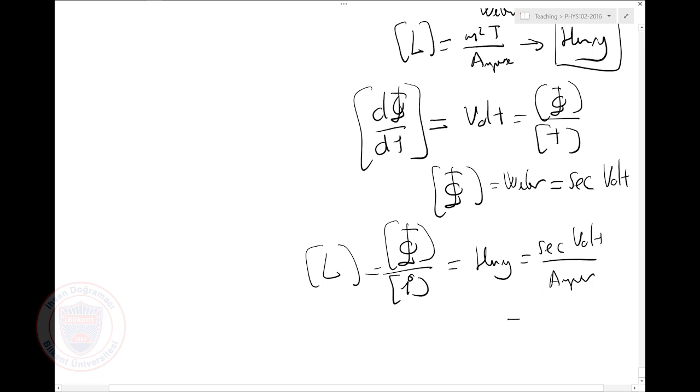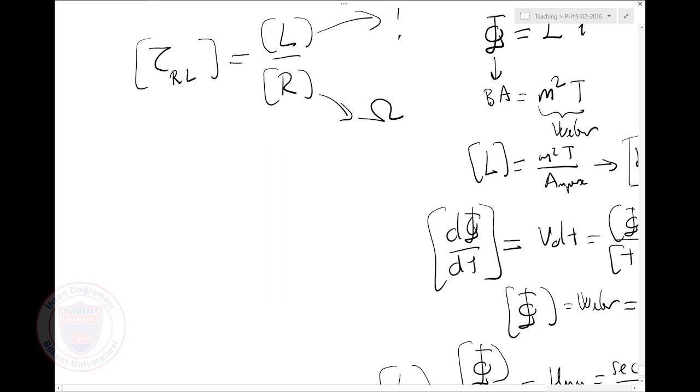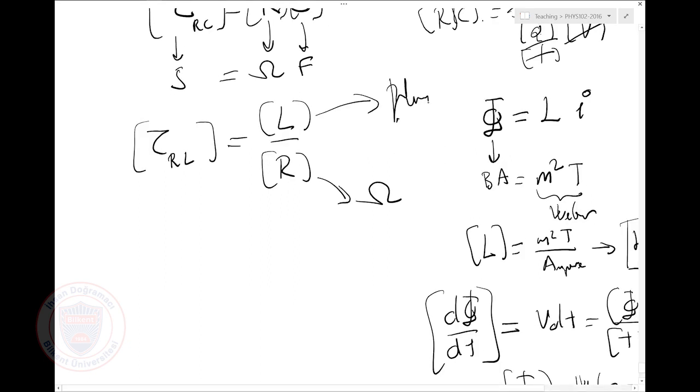But volt divided by ampere is ohm. So that's great. Henry is equal to ohm times second. So this tau RL has units of second, just as we expected. Okay.